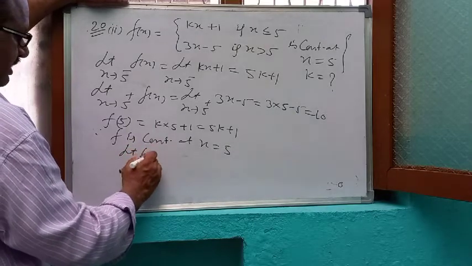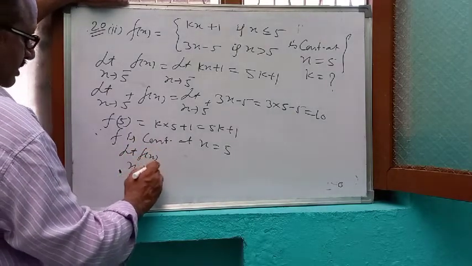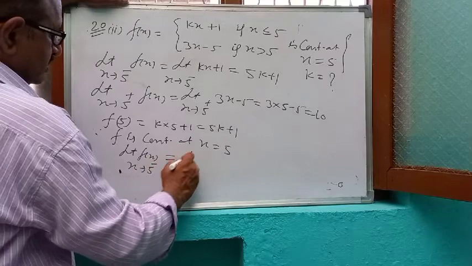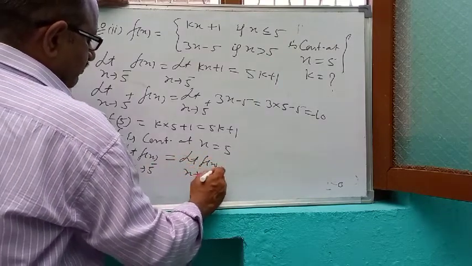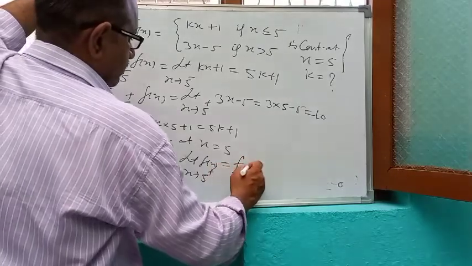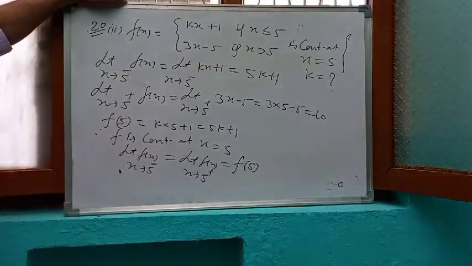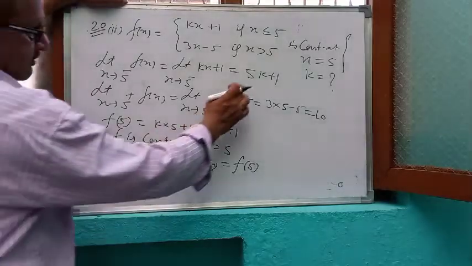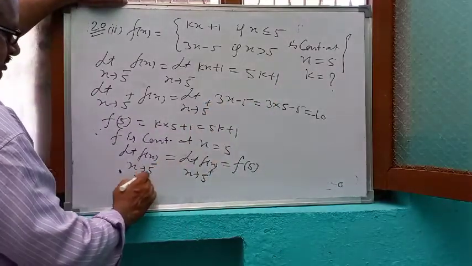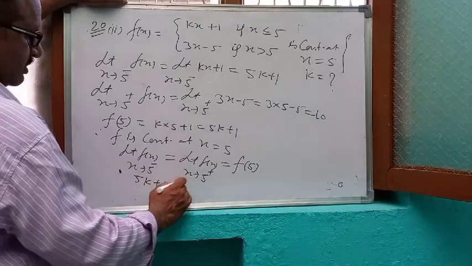So equate it. The limit of f(x) as x tends to 5 minus is 5k + 1.